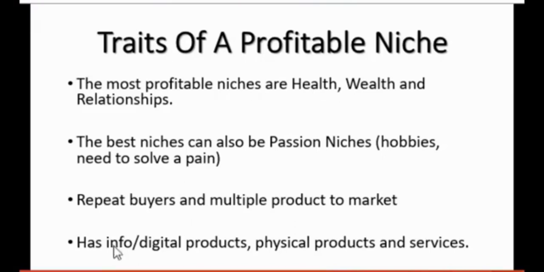Another thing to consider is whether the niche has the three basic types of products: digital products, physical products, and service products. What I like promoting is info and digital products, because you have the highest margins on those.